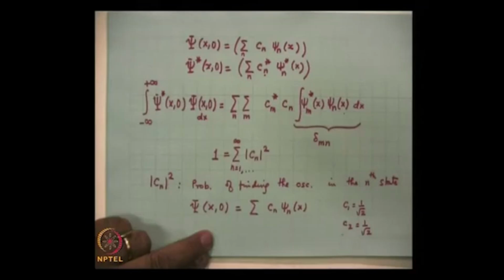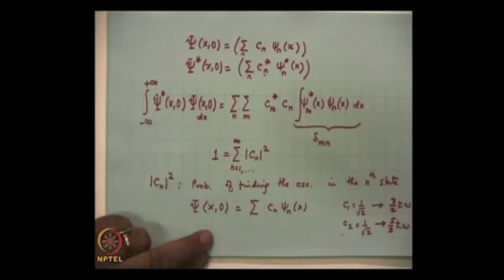So only two states are superposed. The probability of finding it in the n equal to 1 state is half, and the probability of finding it in the n equal to 2 state is half. The eigenvalue corresponding to this is 1 plus half, that is 3 by 2 h cross omega, and the eigenvalue corresponding to the other is 5 by 2 h cross omega.